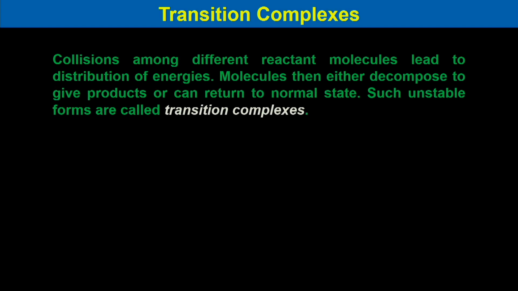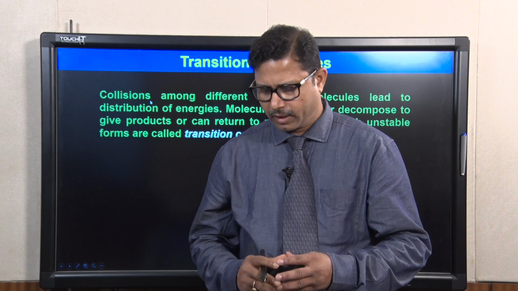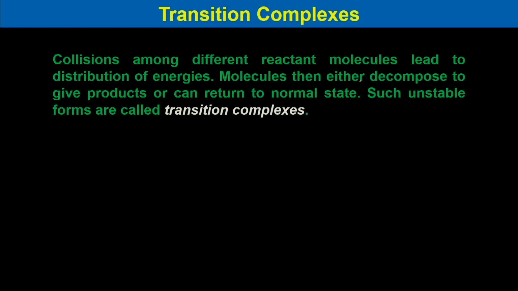Now, transition complexes. Collisions among different reactant molecules lead to a distribution of energies, and the molecules then either decompose to give products or can return to the normal state. Such unstable forms are called transition complexes. That means the molecules in a particular system are always in Brownian motion and they collide with each other.